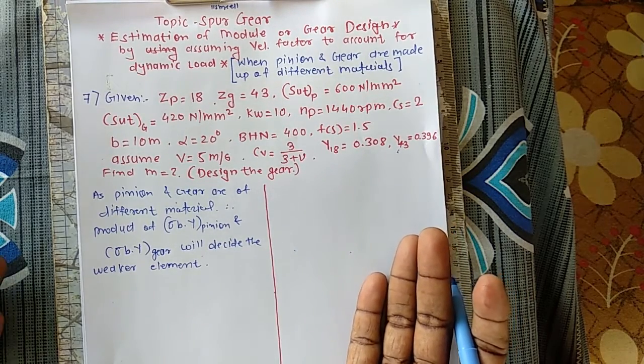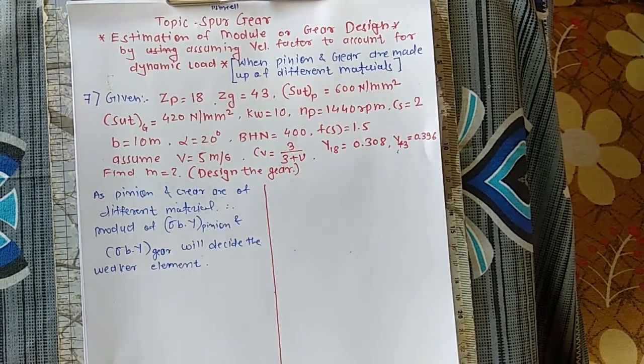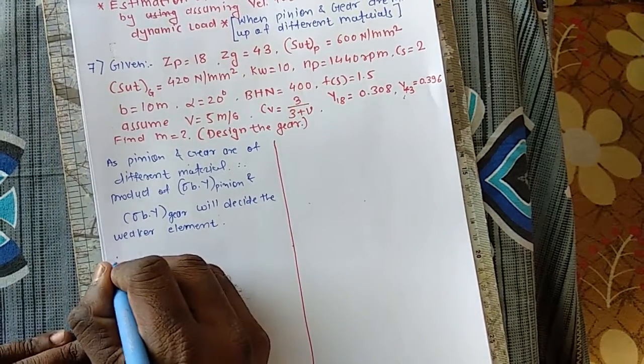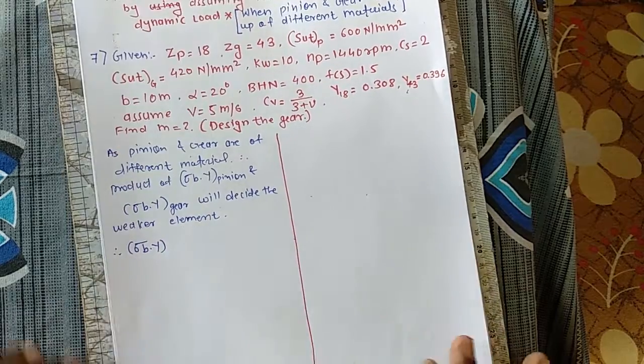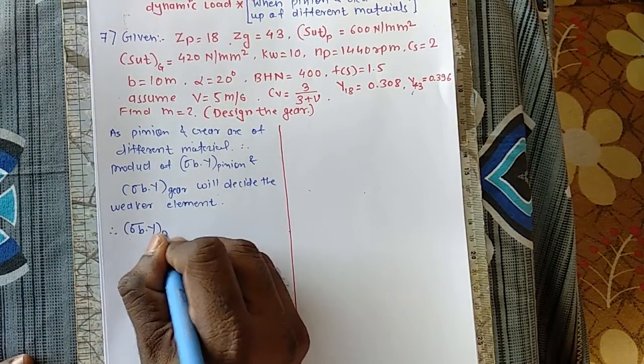We don't know whether pinion is weaker or gear is weaker. Okay, so first I will calculate sigma B into Y for pinion.